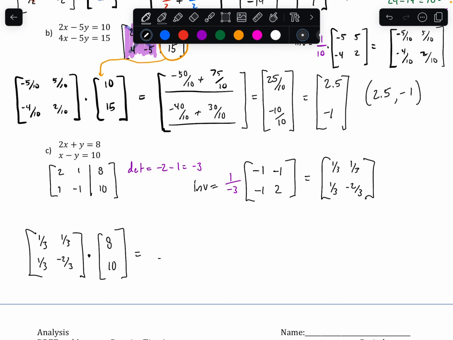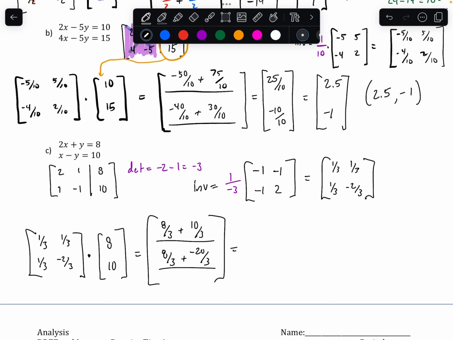And we need our space. So 1/3 times 8, 8/3, plus 1/3 times 10, 10/3, and then 1/3 times 8, so 8/3, and then 2/3 times 10 is 20/3, so negative 20/3 plus negative 20/3.